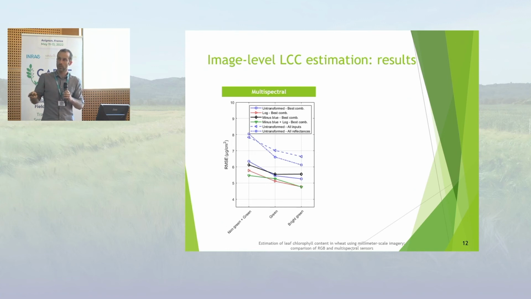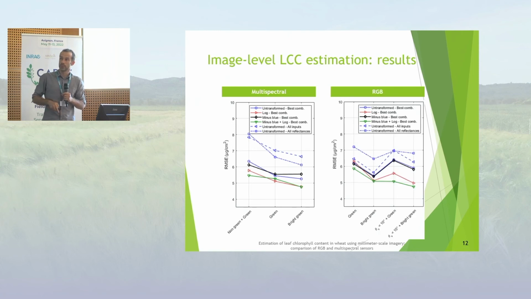The best results here are obtained by taking the best combination of variables when considering the transformed reflectance, either by just applying a logarithm to the reflectance, or by subtracting the blue band from other bands and applying a logarithm. So we have quite good performance with less than 5 microgram per square centimeter. And then if we want to compare with the RGB, this is what we get.